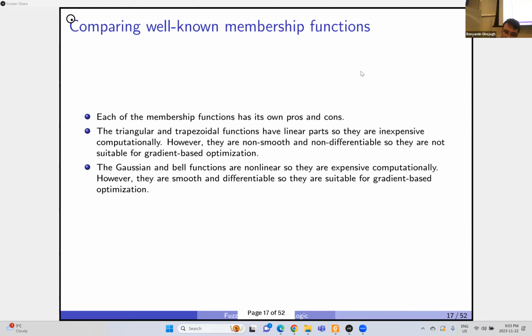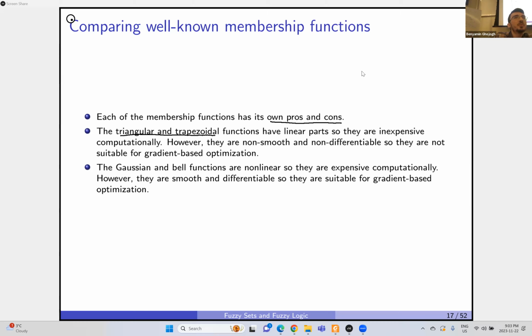Now, each of the membership functions has its own pros and cons. The triangular and trapezoidal membership functions: their benefit is that they're partially linear, so they are easy to compute. Easy to compute the membership value.